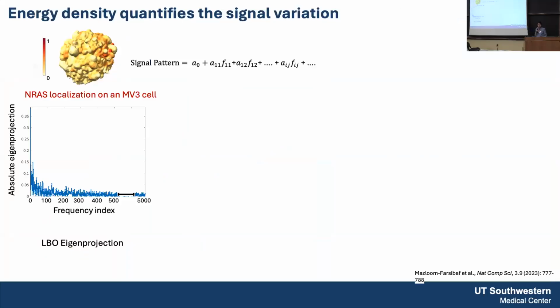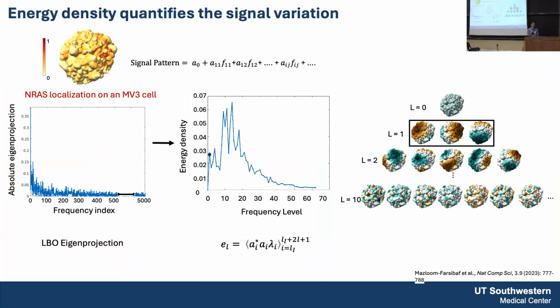As you also see here, the eigenprojection profile is hard to explain, as it is highly fluctuating. The way we try to simplify that is using quantum mechanics. You are probably familiar from chemical quantum mechanics with the orbit and the energy spectrum.